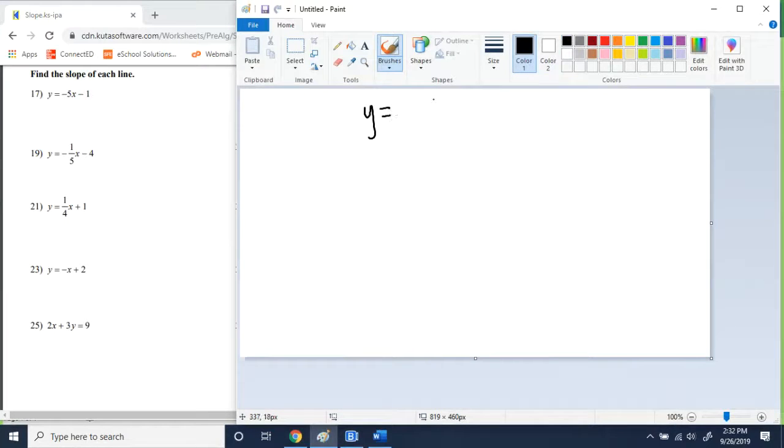Okay, our next problem, 19, is y equals negative 1 over 5 x minus 4. Our slope is negative 1 over 5 x. Our y-intercept is negative 4.